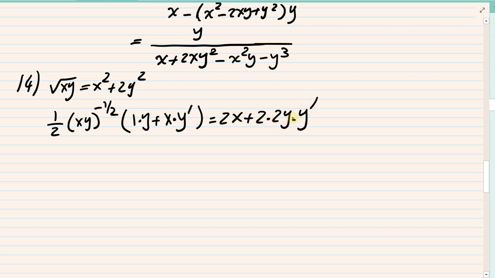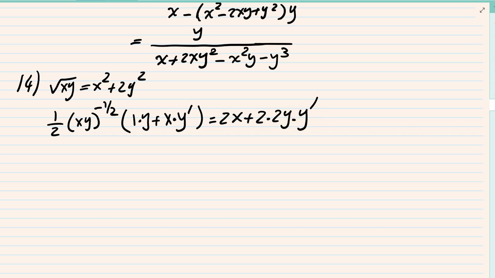Notice every time I take the derivative of y, there's got to be a y prime next to it because of our assumption that y is a function of x. Now, let's see. So what's going to happen next here is, let's multiply. Let me see. I have xy to the negative 1/2.